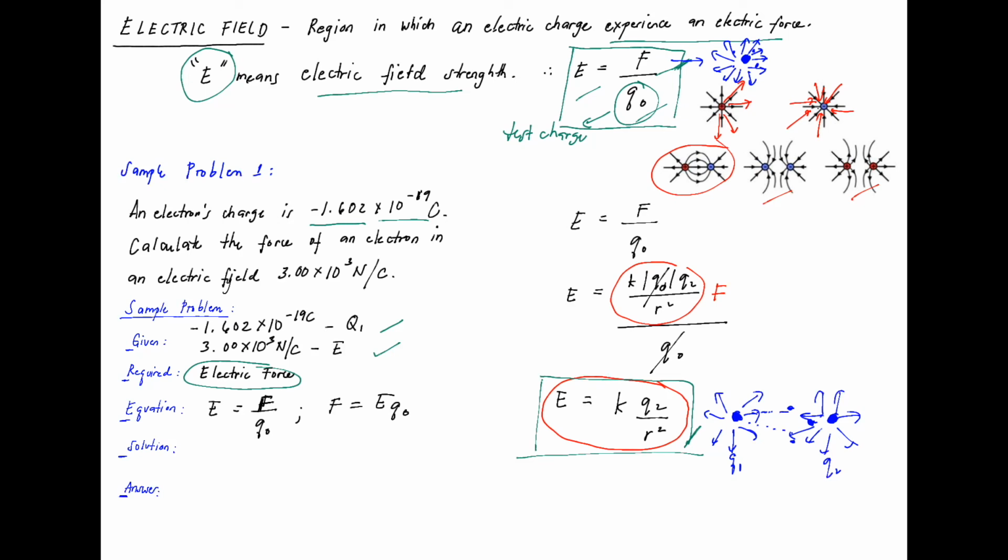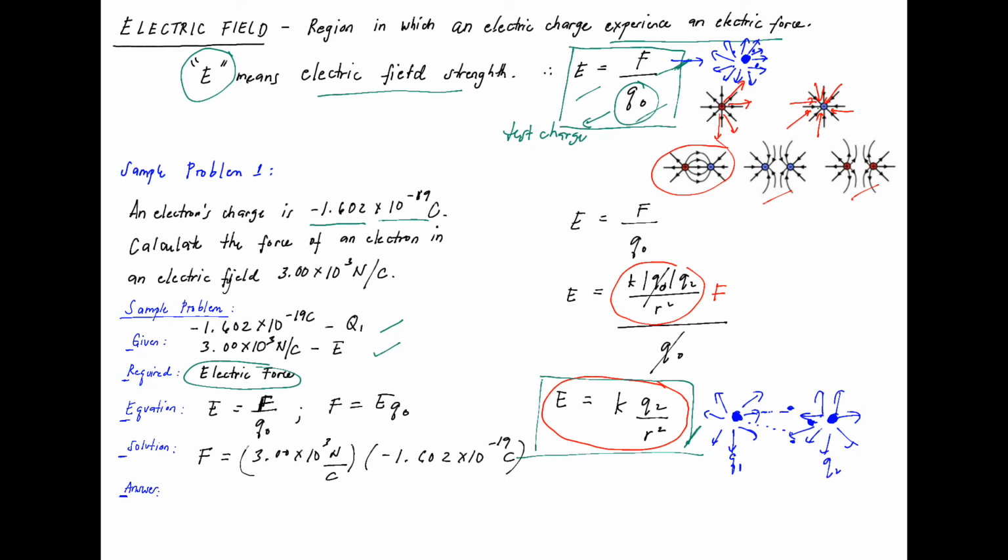Now for our solution, that is simply a direct substitution. We have here the value of the electric field strength, 3 times 10 raised to 3 Newton per coulomb, multiplied by the charge, negative 1.602 times 10 raised to negative 19 coulomb.